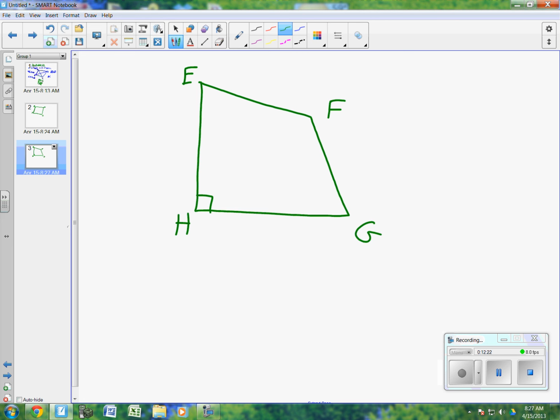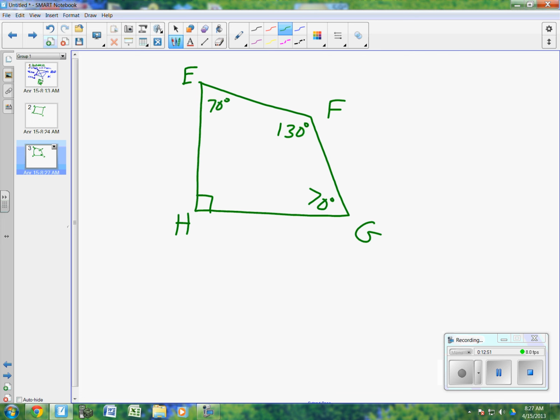And they say this one is 70. And they say this one's 130. How do I find G, everybody? Add them all together and subtract them from 360. What do you get? 70? Okay. Any questions on that?